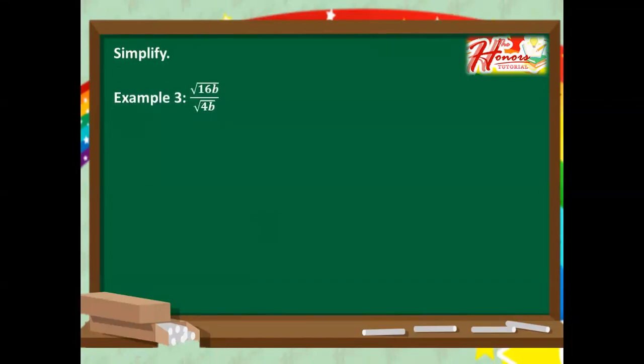So we have here square root of 16b plus square root of 4b. So we can simplify this, don't worry, though it has a variable. So this will be our solution.